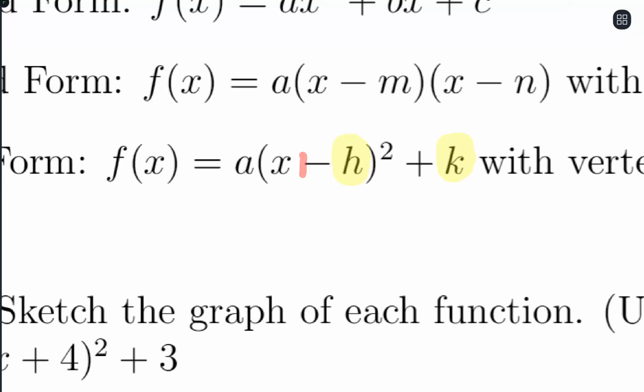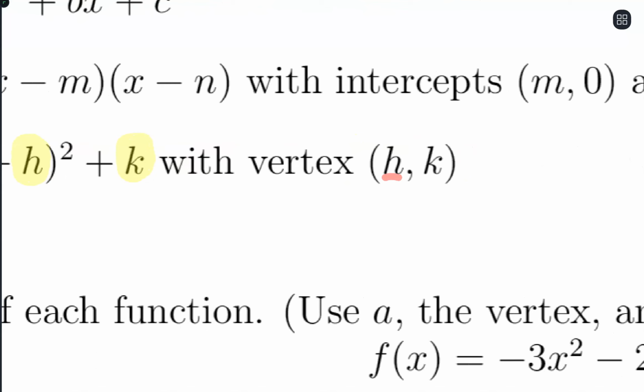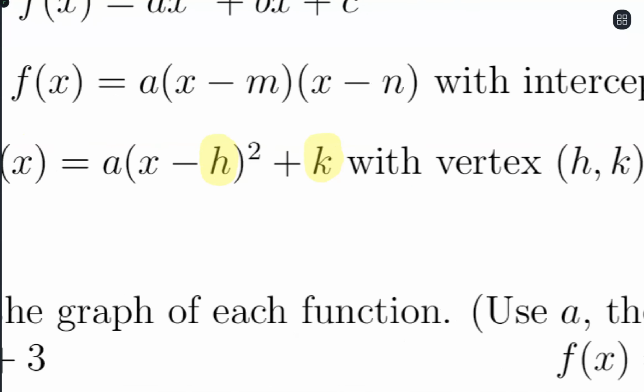Now, something to pay attention to is that we have subtraction next to h, so it's an x minus h squared. And when we go to the vertex, we're just taking the h value. So what I'm trying to emphasize here is that this subtraction is part of the form.